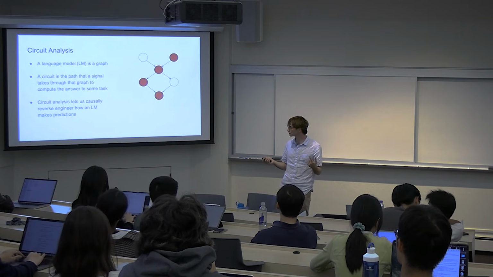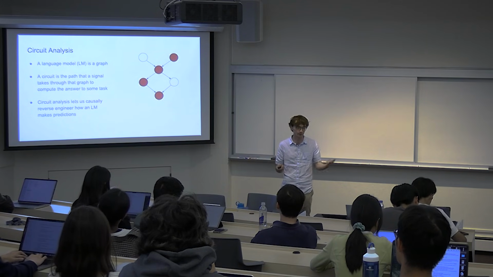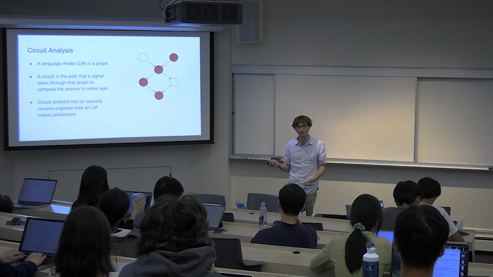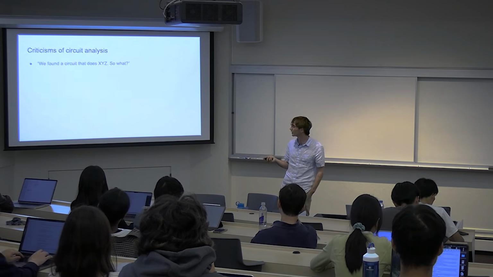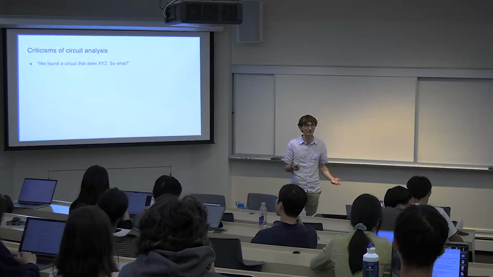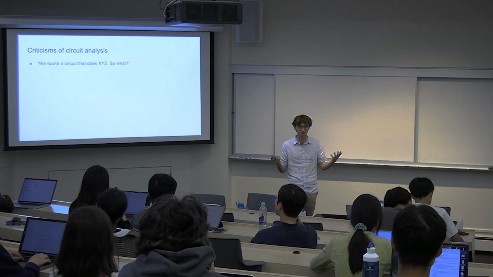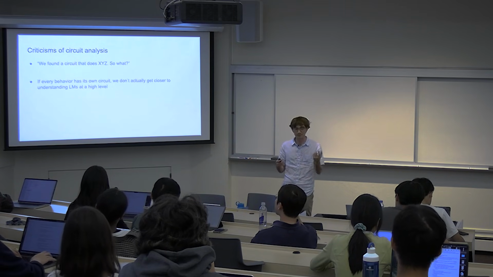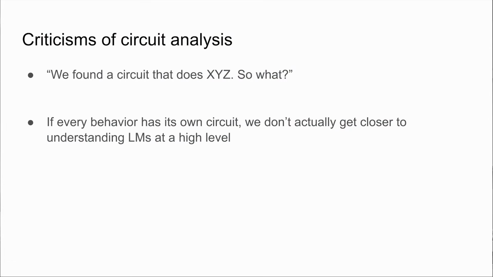So you guys heard about this when Atticus came to give his talk. Similar methods were used there. And common criticisms of circuit analysis are, okay, so you found a circuit that does X, Y, or Z, who cares? If every little behavior has its own circuit, we don't actually get closer to any level of understanding.